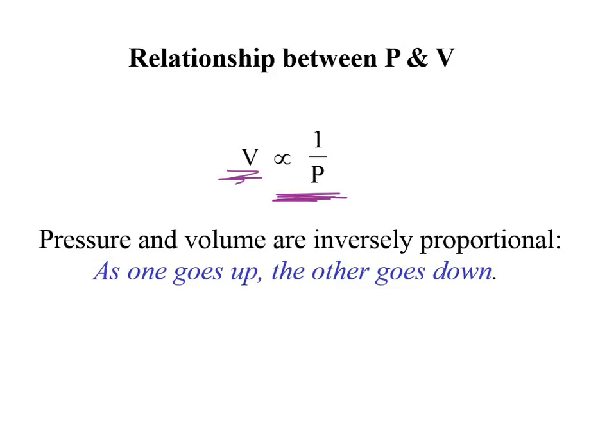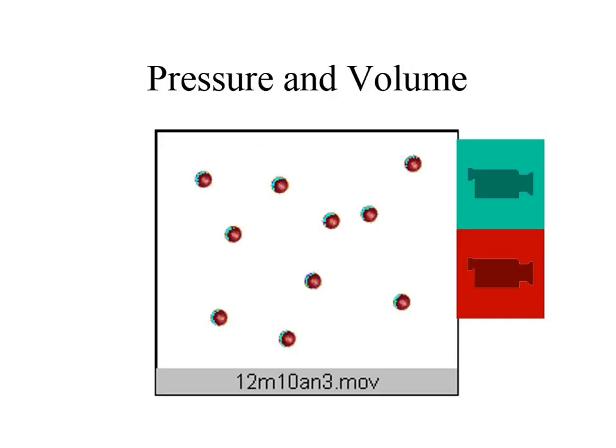Decrease volume, increase pressure. You can't tell, but if I pass this around, I'm literally decreasing the volume. N is the same, and I'm assuming T is the same, even though my hands are kind of warm. The temperature is the same, but the pressure increases. In fact, it can increase to the point of compromising the rubber. I should have warned everybody. Sorry. So decrease the volume, increase the pressure.